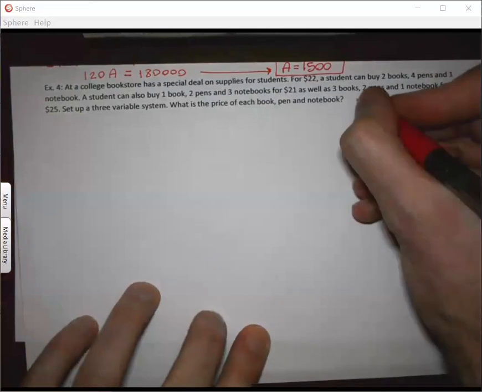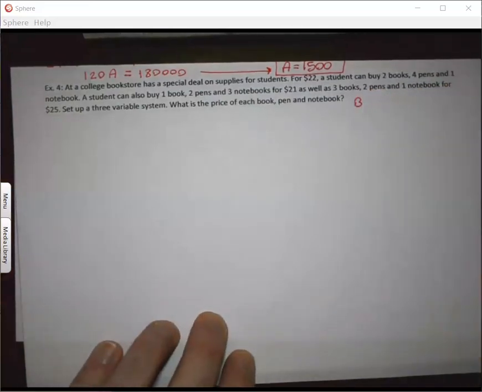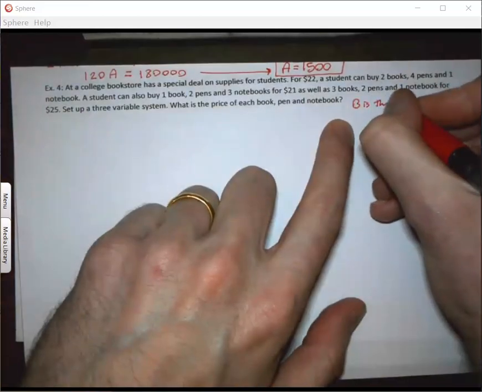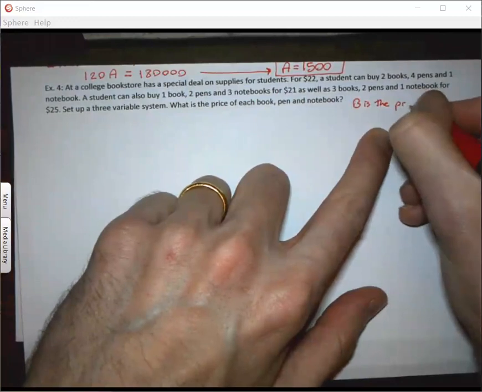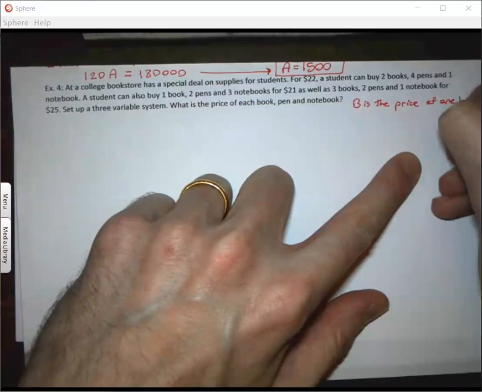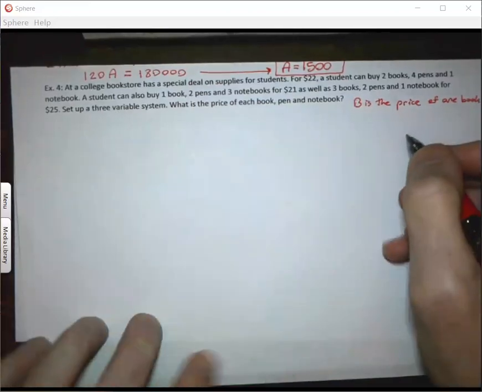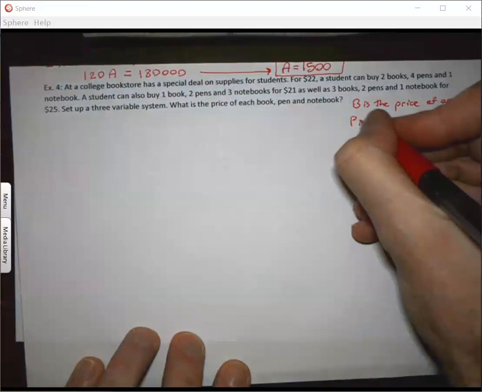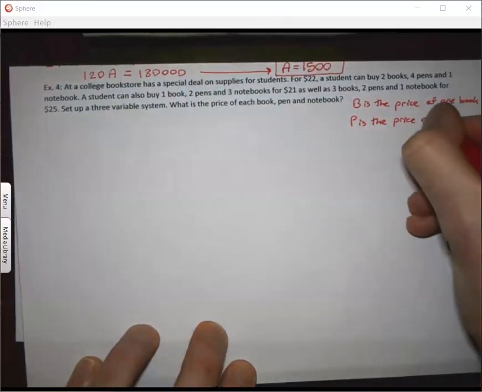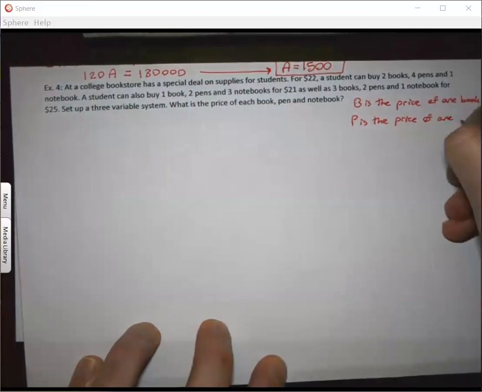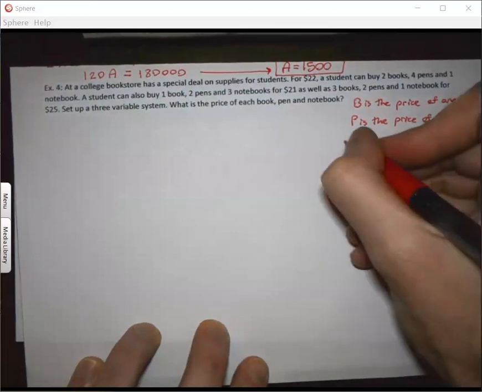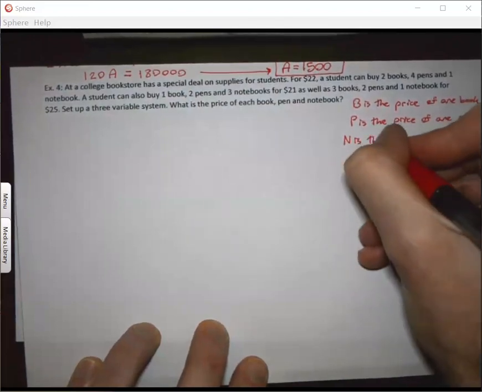So let's have B be the price of 1 book, P the price of 1 pen, and N the price of 1 notebook.